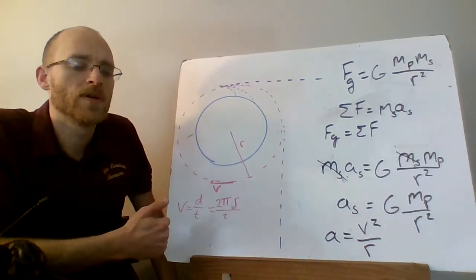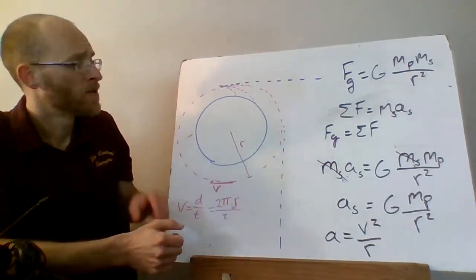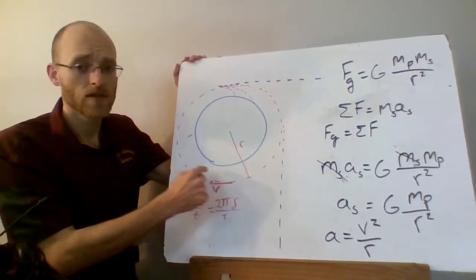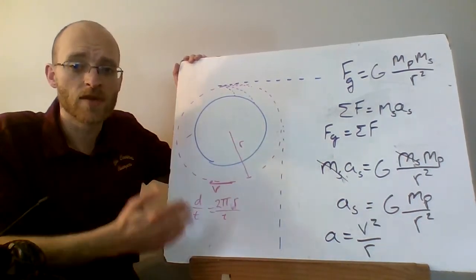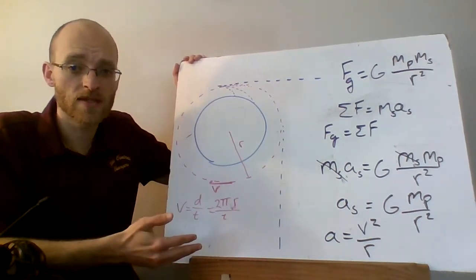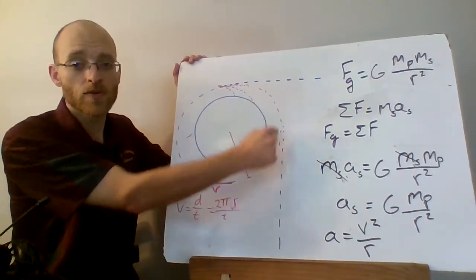It's only going to depend on radial distance and the mass of the planet. We've already seen that all objects have the same acceleration when gravity is the only thing acting on them. We've proven it multiple different ways in class. So it's true for an orbiting object too.